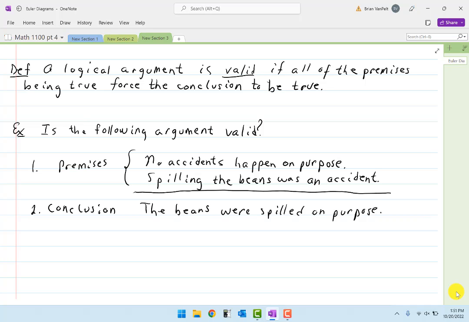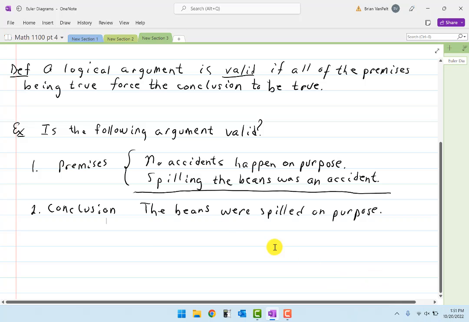So is it true that if we assume both premises are true, that forces the truth of the conclusion? If the conclusion is forced, then we are forced to say that the argument is valid. If that's not the case, like if there's some way that conclusion was not derived from those premises, then it's an invalid argument. So let's take a look and see what we have here.